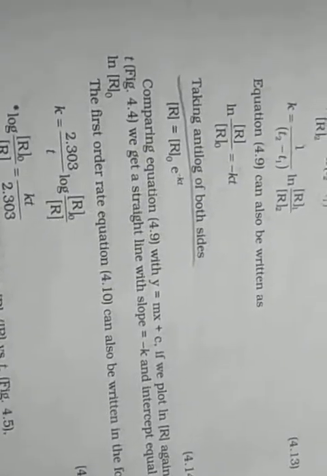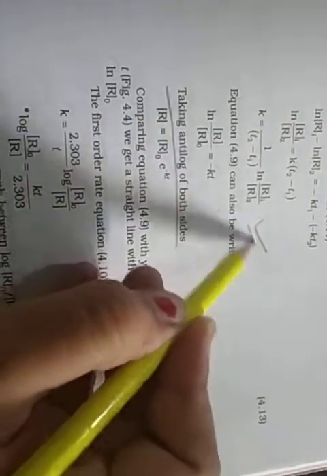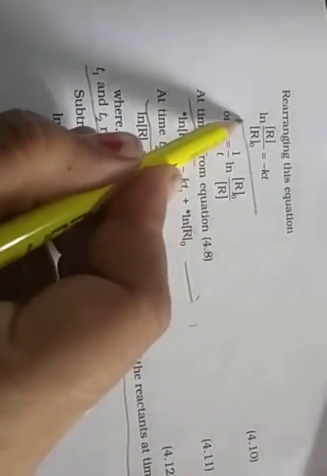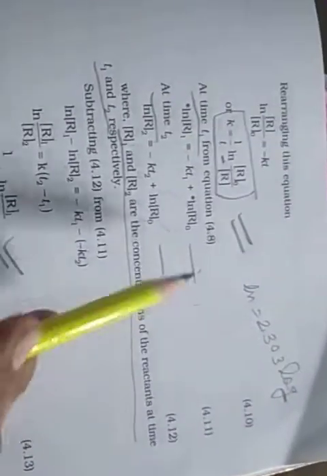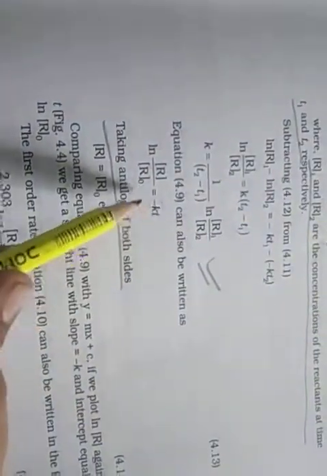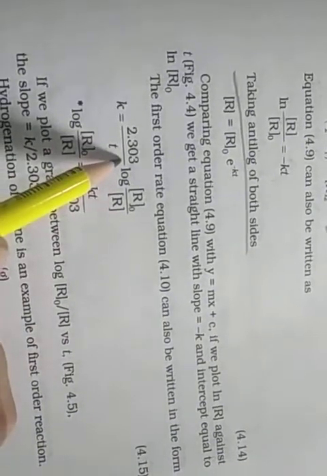Taking the antilog of both sides is your choice, or we can write it directly. Converting ln into log, you should learn this equation: k is equal to 1 by t ln, and ln is equal to 2.303 log, so k is equal to 2.303 by t log R naught upon R.